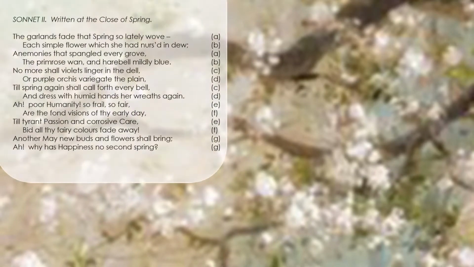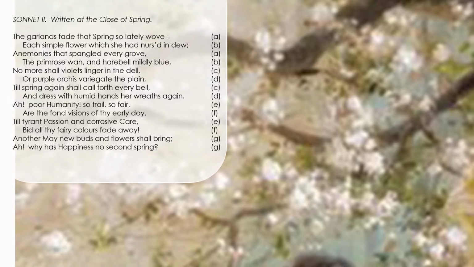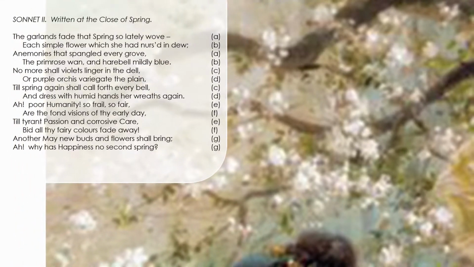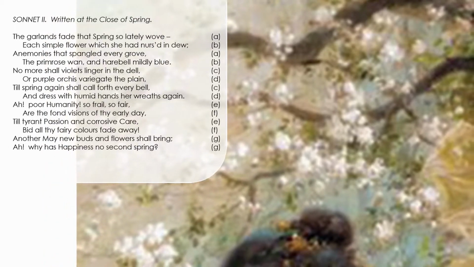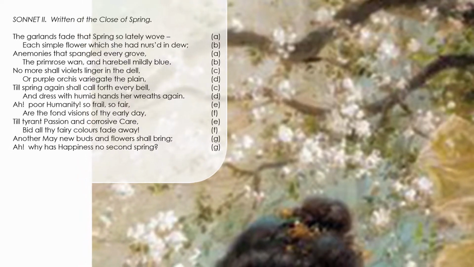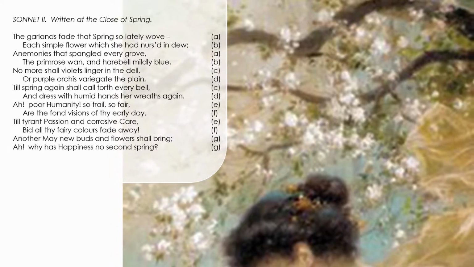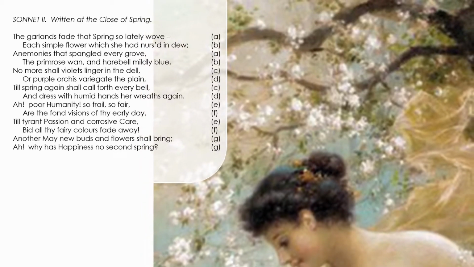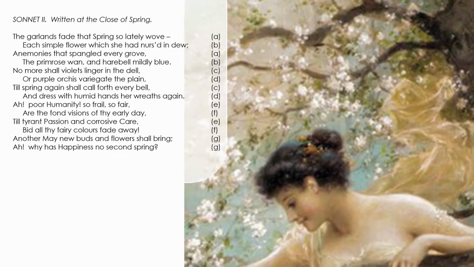To start then, I'm going to read the poem. The garlands fade that spring so lately wove, each simple flower which she has nursed in dew, anemones that spangled every grove, the primrose wan, and harebell mildly blue. No more shall violets linger in the dell, or purple orchis variegate the plain, till spring again shall call forth every bell, and dress with human hands her wreaths again.